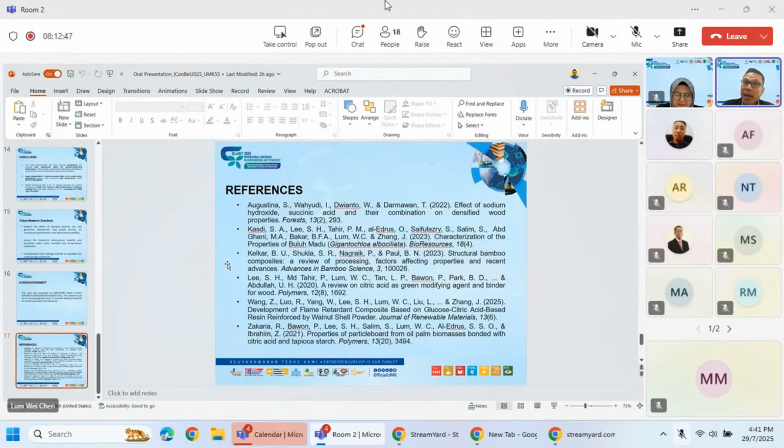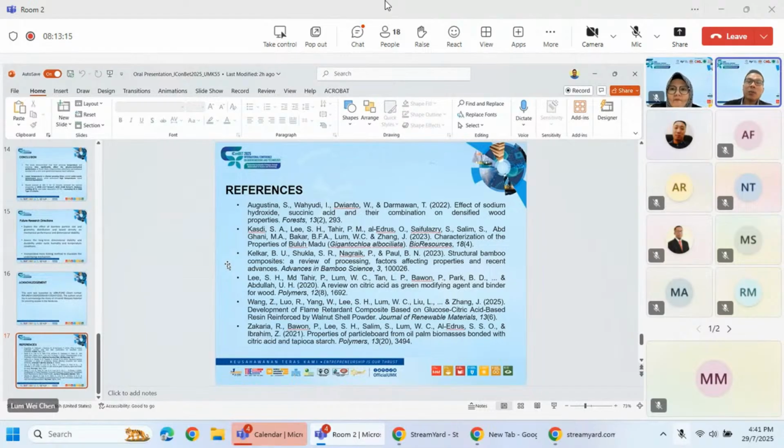I presume, based on the literature, that once the temperature reaches 190, some of the components of the wood will degrade. The degradation temperature for lignin is a very wide range, starting from 150 to 900.